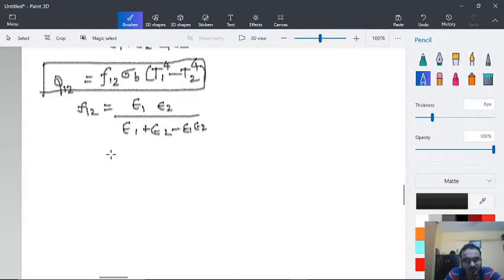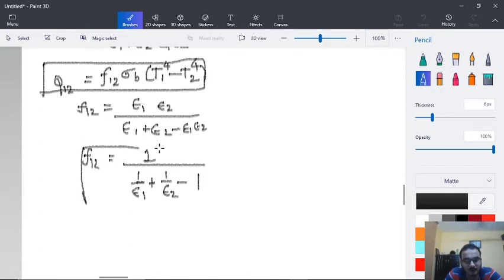So finally what we are getting is 1 divided by 1 upon epsilon 1 plus 1 upon epsilon 2 minus 1. This is F12, and this is known as interchange factor.